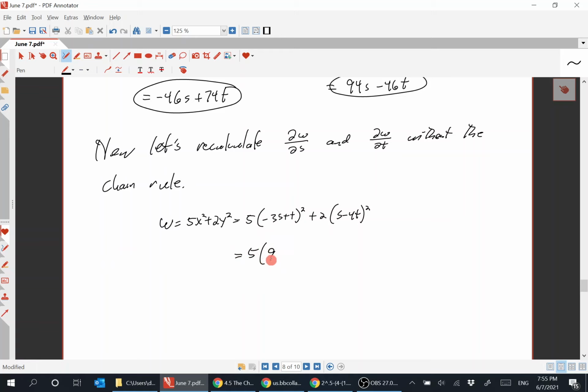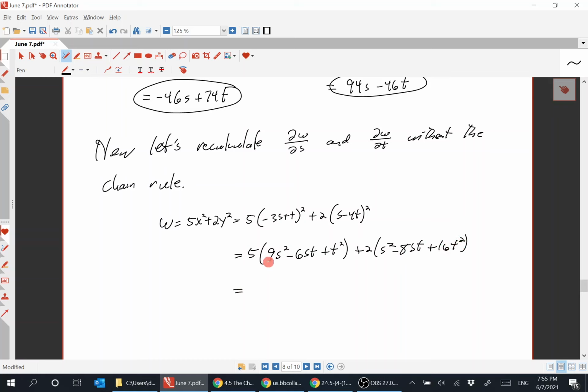5 times 9s squared minus 6st plus t squared, plus 2 times s squared minus 8st plus 16t squared.